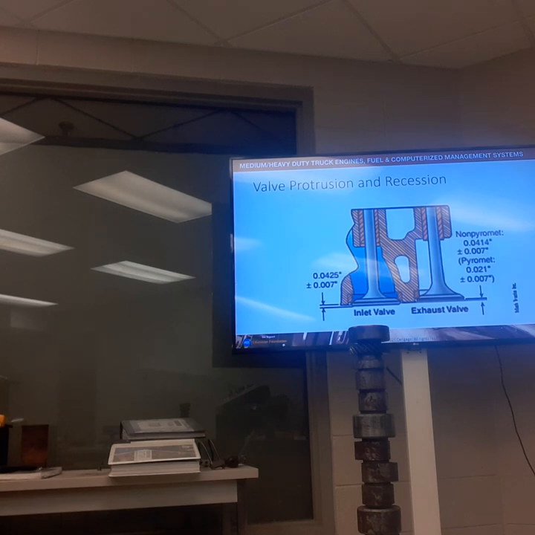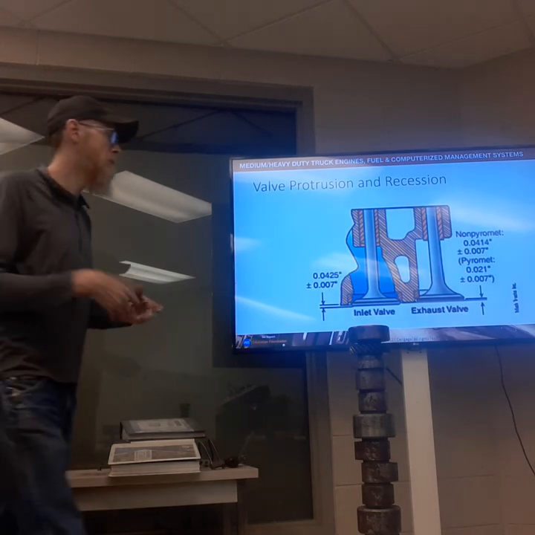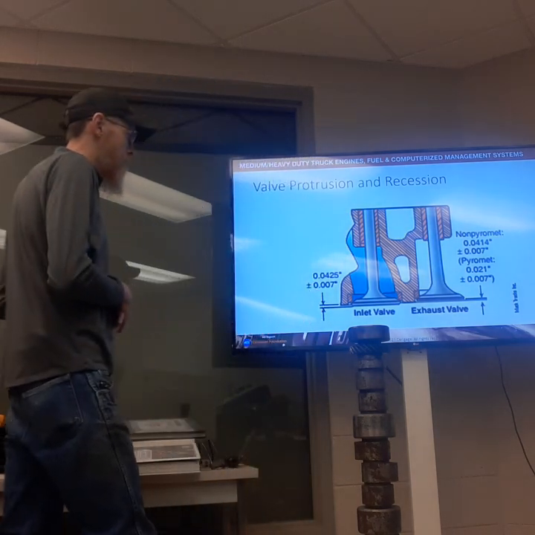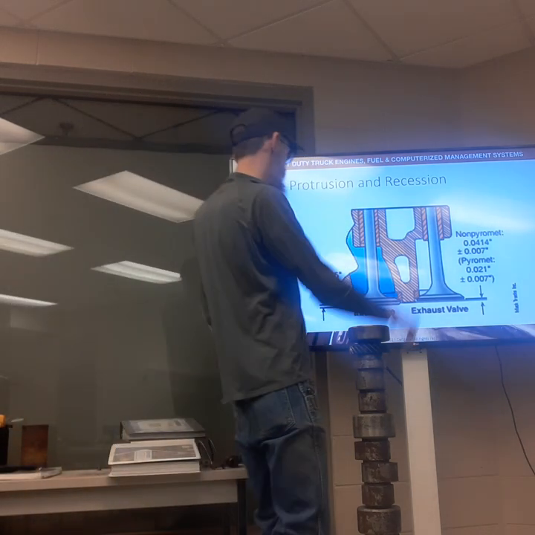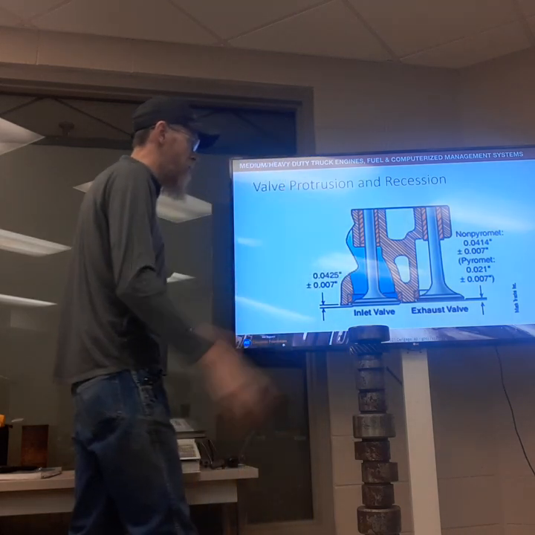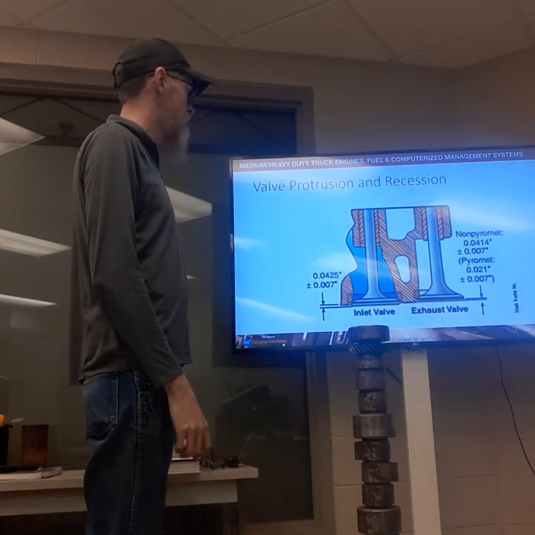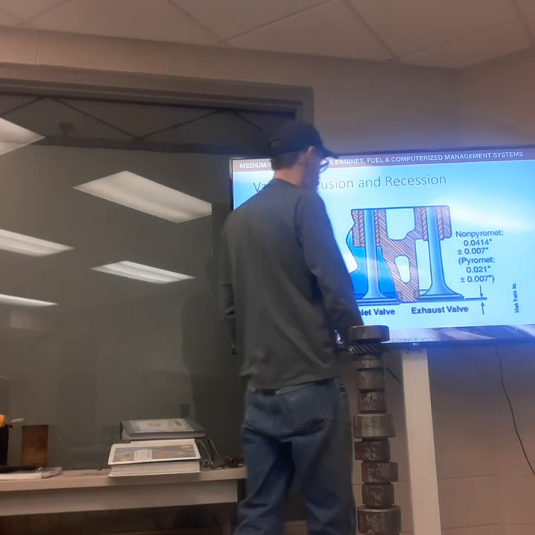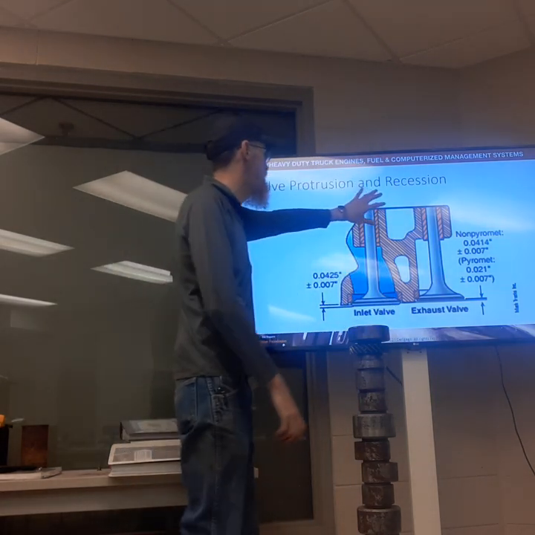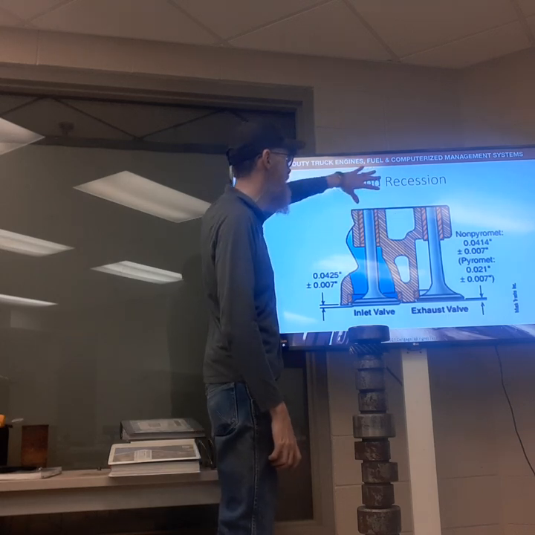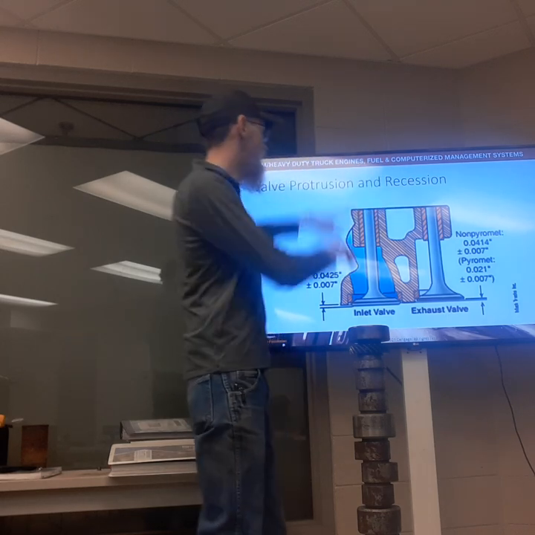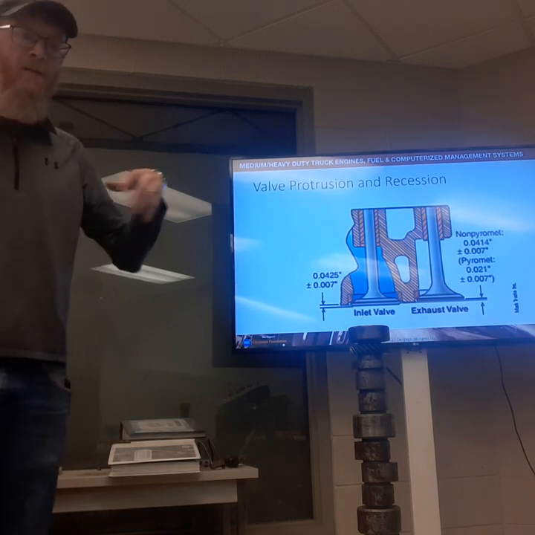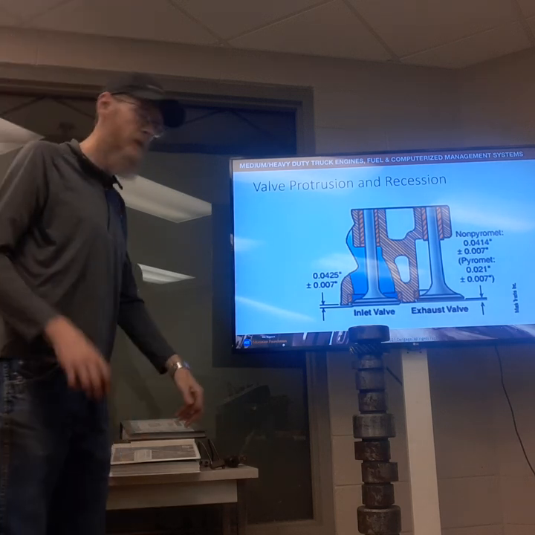There's another illustration showing the valve in situ, the valve within the cylinder head, and it gives us some generic measurements of how that valve should fit into the cylinder head port. What this illustration is not showing is our valve springs up on top, or any of the other components up top that attach that valve spring to the valve itself.